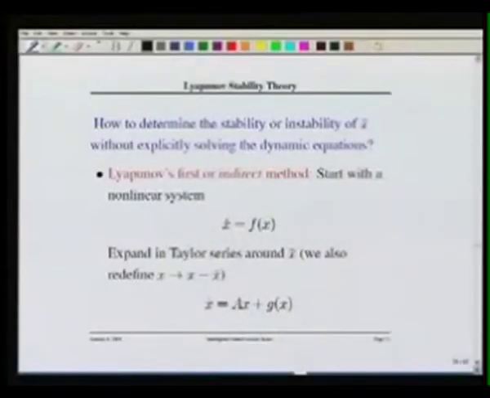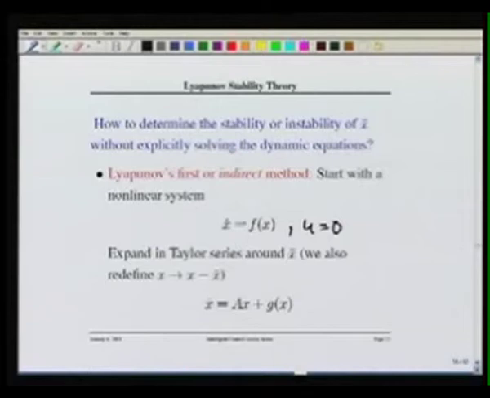The indirect method is we linearize the system, that is x dot equal to f x, the nonlinear system. Imagine that in the beginning we are only considering the unforced system, u equal to 0. So, x dot equal to f x means my u is 0, I have no external force on the system.